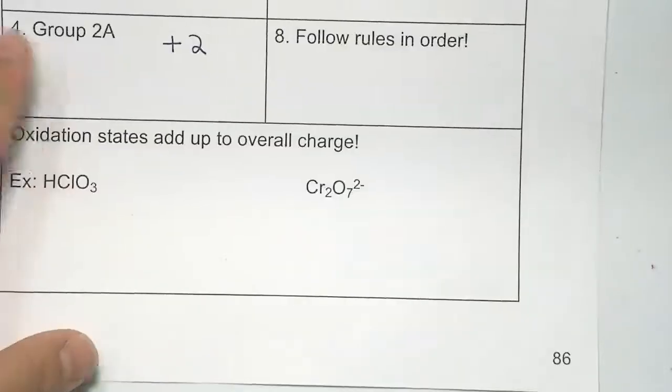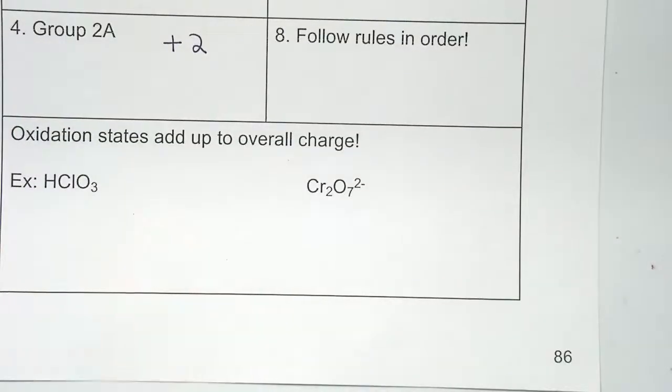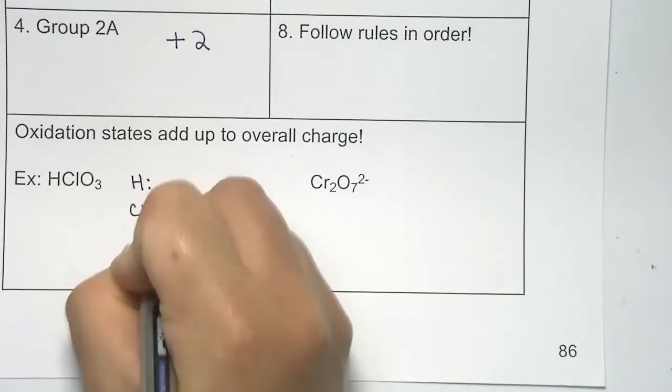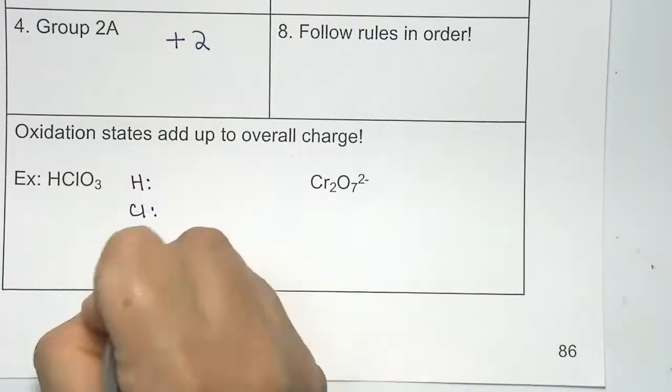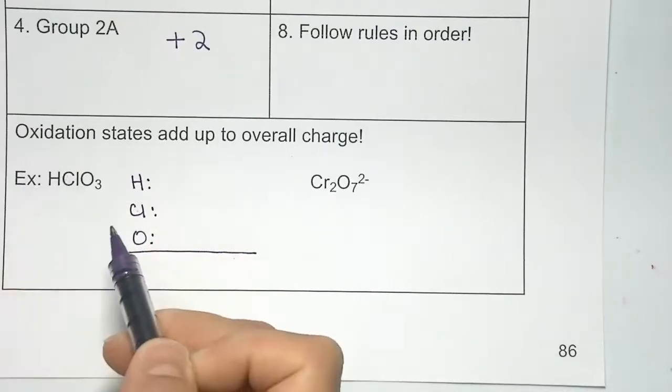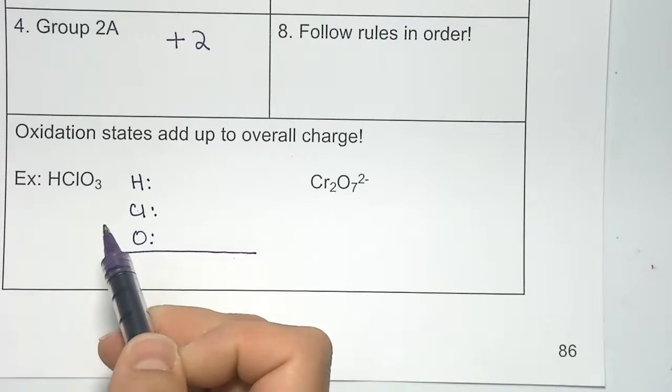And then the last thing we're going to talk about is that the oxidation states add up to the overall charge. So let me show you how I like to go through these in order so that I know what I'm doing. Okay, so here's what we're going to do. We're going to do H, Cl, and O. What is the overall charge of chloric acid? 0.